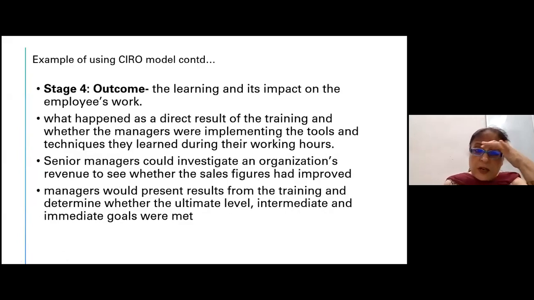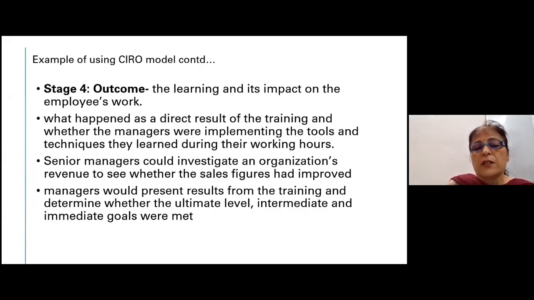Now stage 4 comes, and that is the outcome. In this, the learning and its impact on the employee's work is to be tested, and the question they would ask is what happened as a direct result of the training. Like, they will try to separate it from other factors, and whether the managers were implementing the tools and techniques they learned during their working hours.